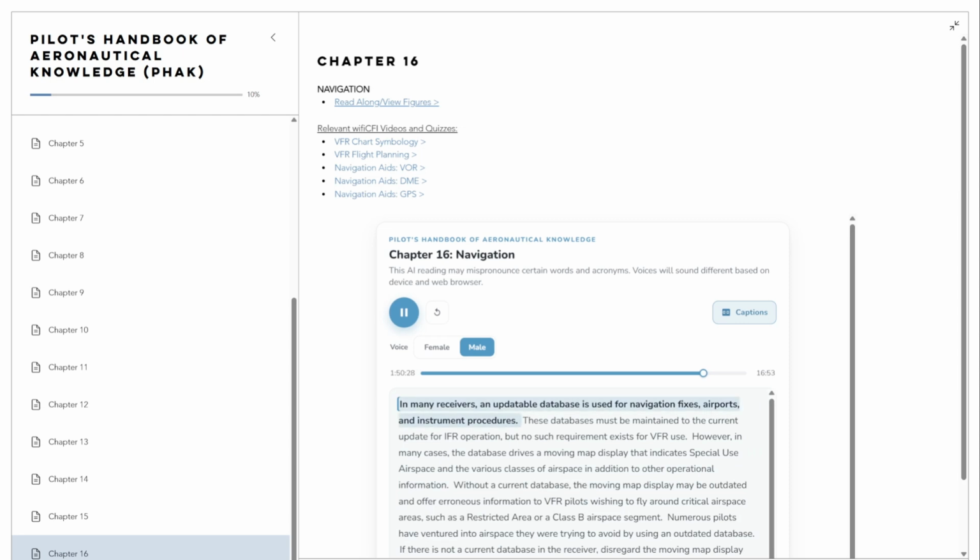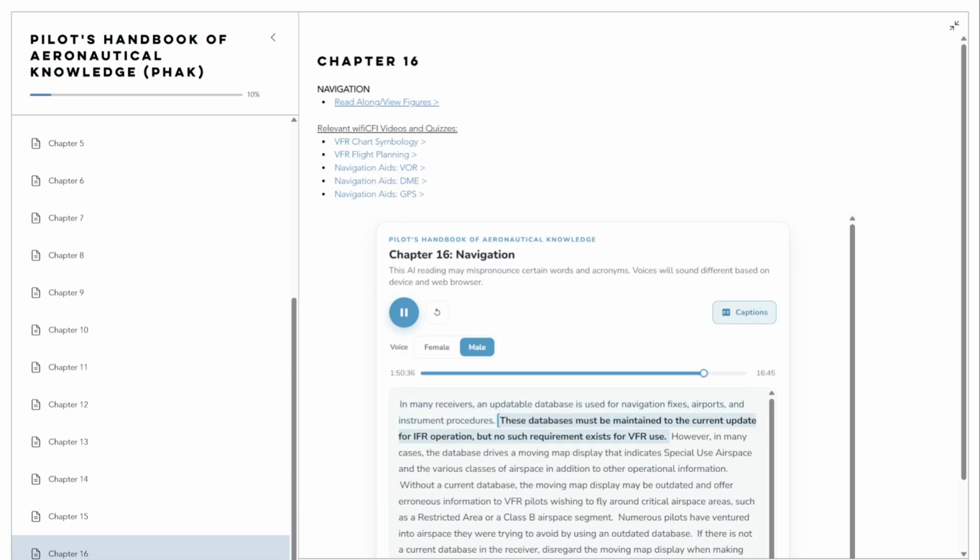In many receivers, an updatable database is used for navigation fixes, airports, and instrument procedures. These databases must be maintained to the current update for IFR operation, but no such requirement exists for VFR use.